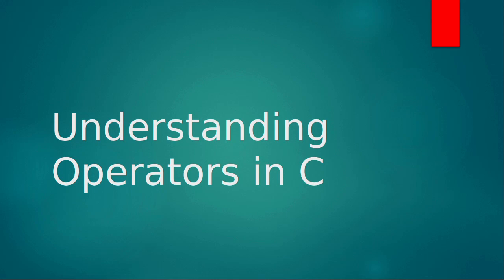If you have checked one of my previous videos on the anatomy of a C program, I described what operators and operands are. So just a brief refresh. I compared operands and operators to the English language. In English, you have a subject, a verb, and then an object.